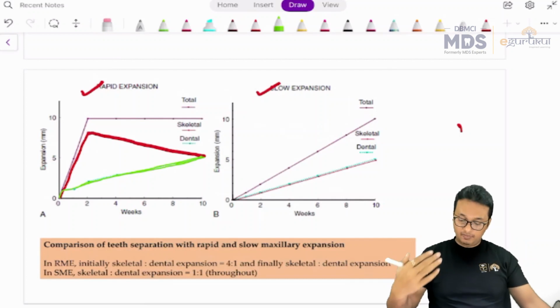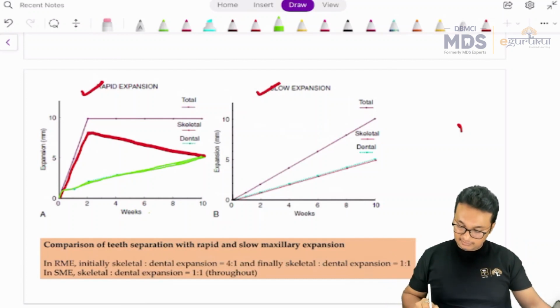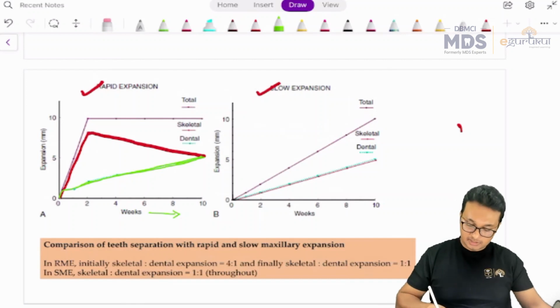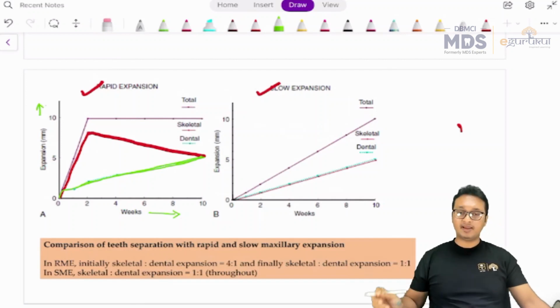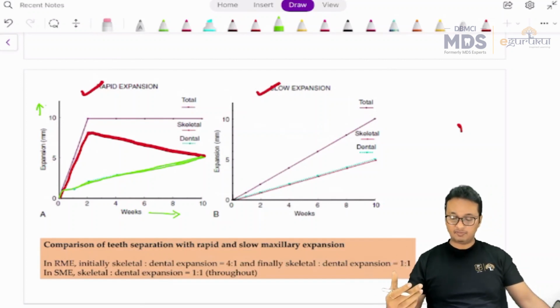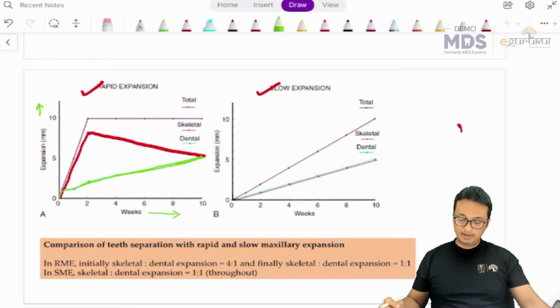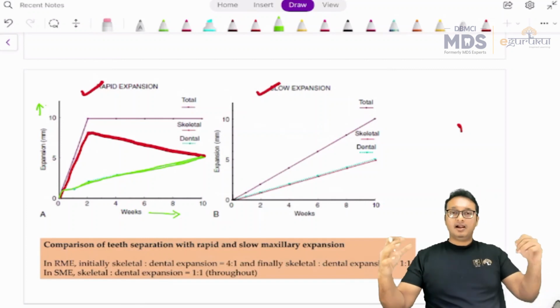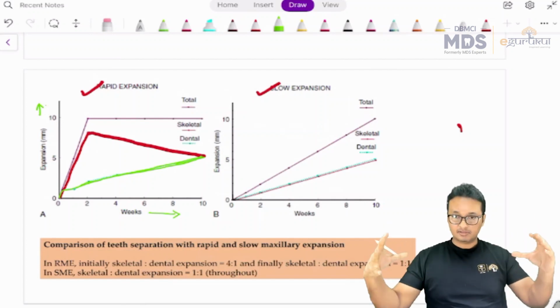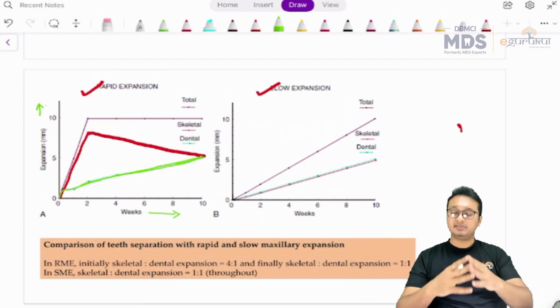But over a period of time, suppose the weeks are plotted against the x-axis and expansion in millimeters is plotted against the y-axis. So if you allow the expansion device to be there for a subsequent number of weeks, for example 8 to 10 weeks, ultimately both skeletal and dental expansion conglomerate together and the ratio is the same.